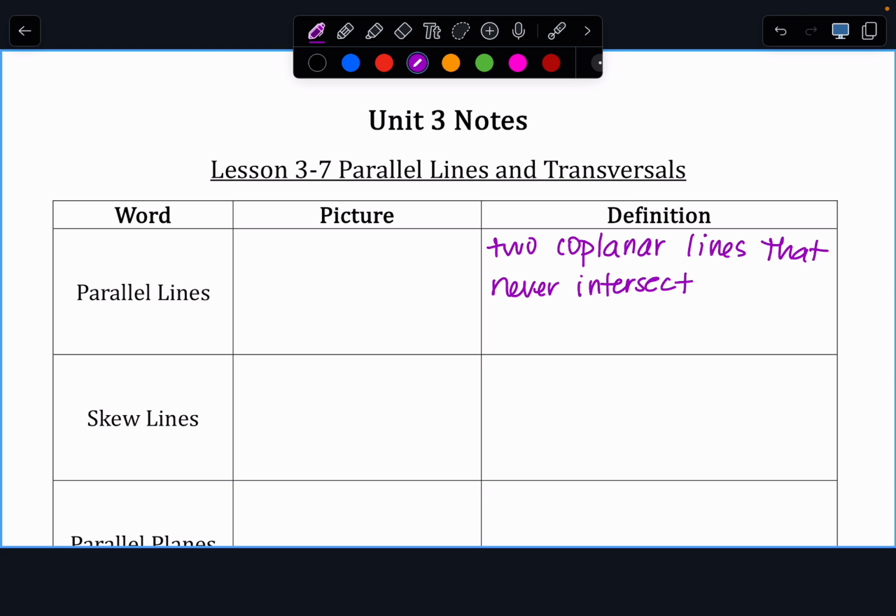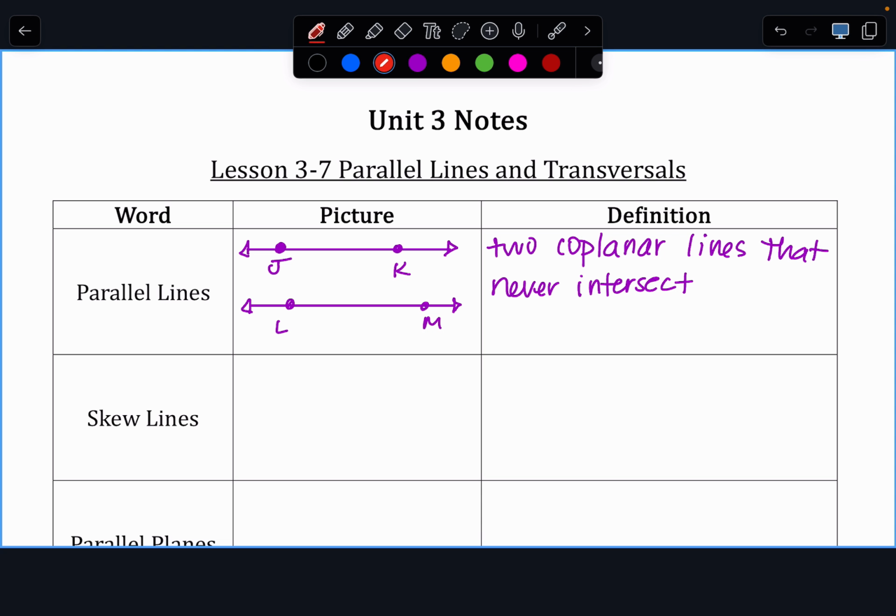Okay, so we are going to draw a pretty nice picture here. Here is line JK, and here is line LM. Do you know the notation on the picture if two lines are parallel?